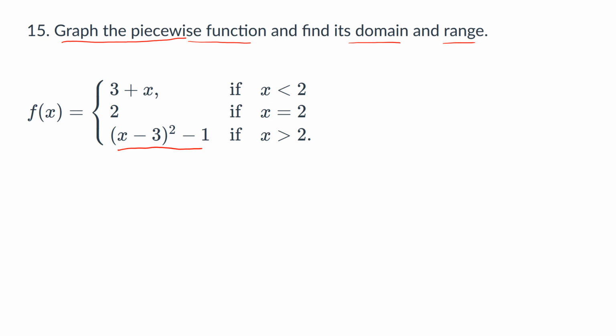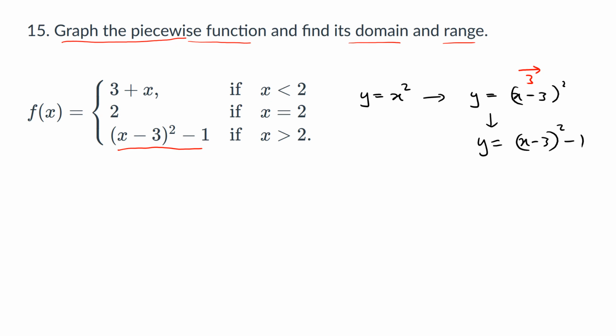You can see we can start with y equals x squared, and then we go to y equals x minus 3 squared. That's going to shift the graph 3 units to the right.